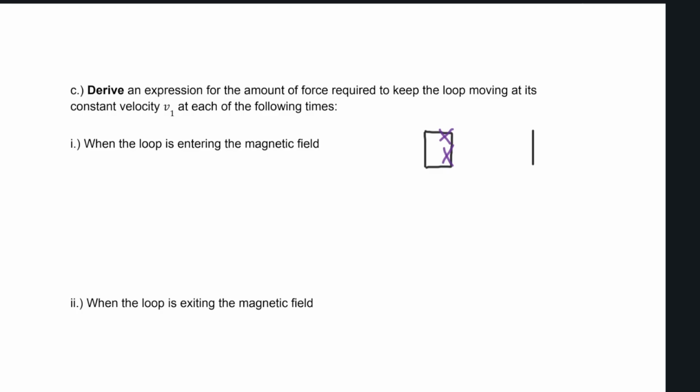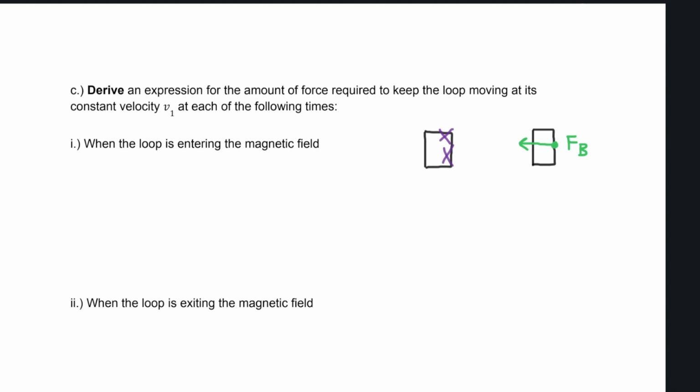So there's this magnetic force that gets applied to the loop just by being in the magnetic field. And it always goes to oppose the flux change. So it's trying to push it to the left, to kick it back out of the field.